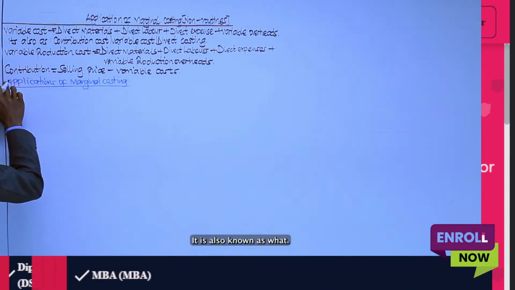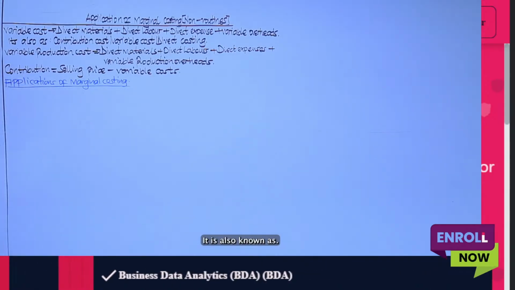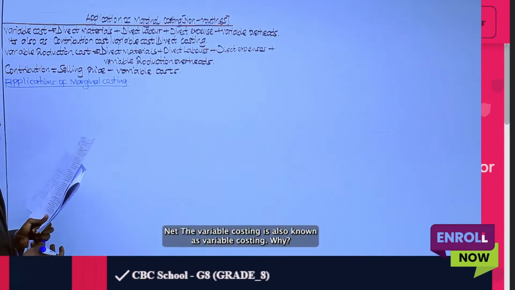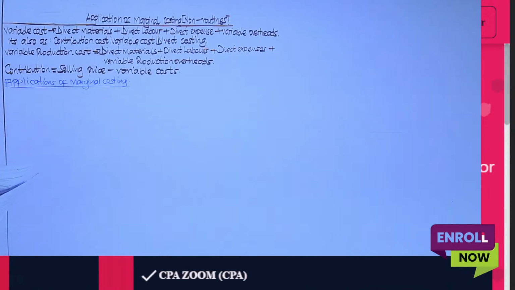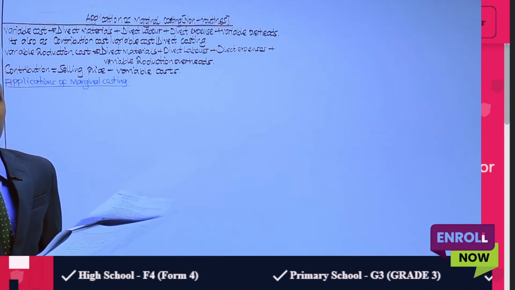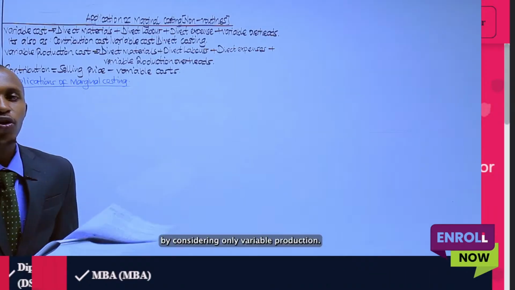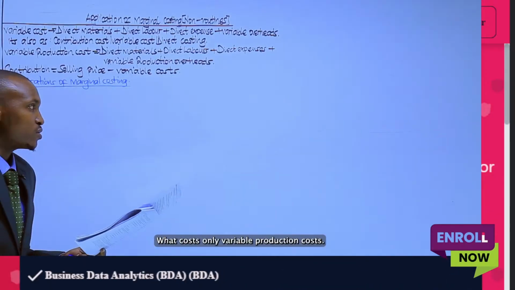It is also known as contribution costing. It is also known as variable costing. Why? Because you normally calculate your production cost by considering only variable production costs.